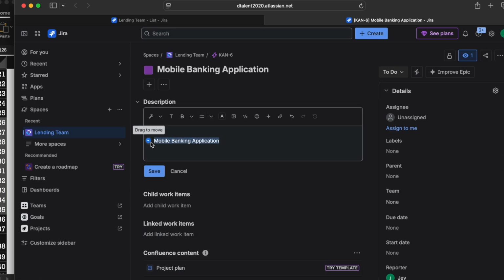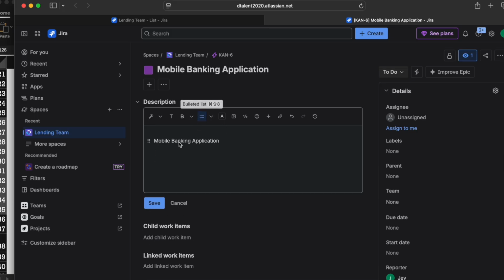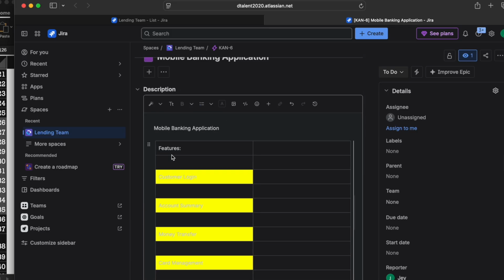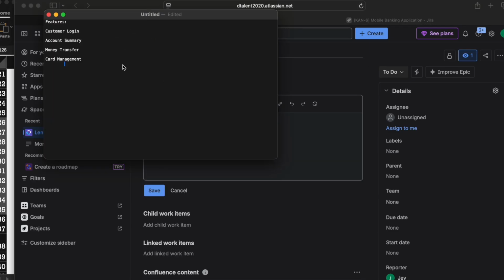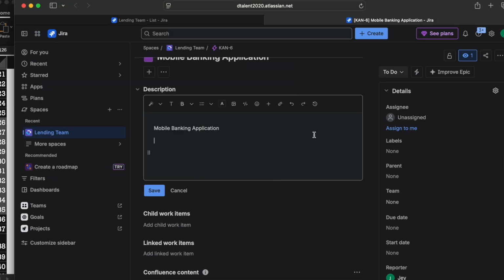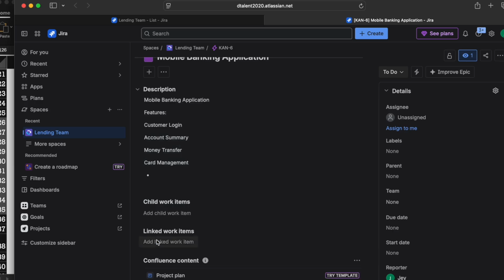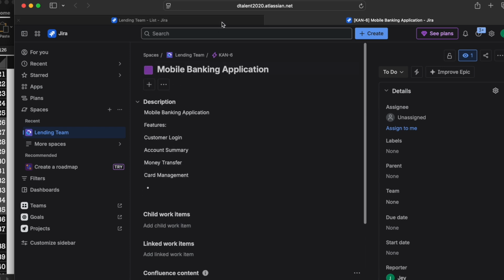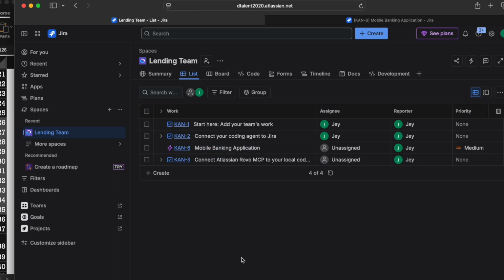You don't need to write what the epic is, but for our understanding, these are the features under this epic. I'm saving this one. We are good to go. Let me refresh. So the epic is updated. This is the mobile banking epic.